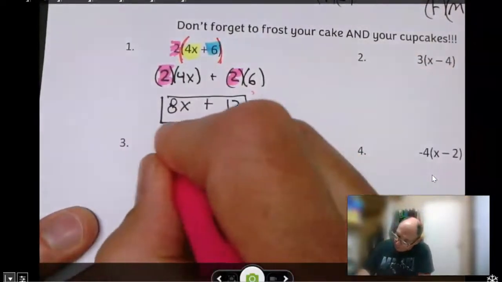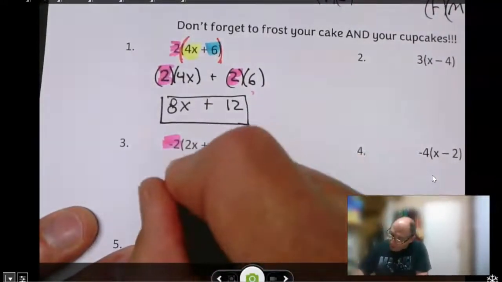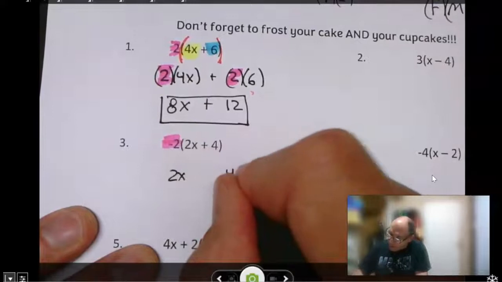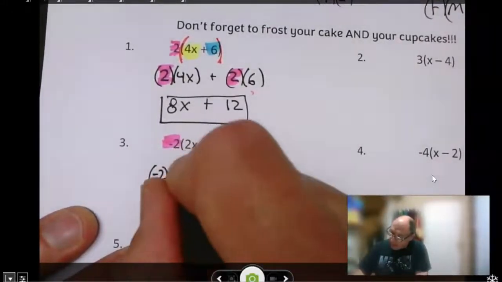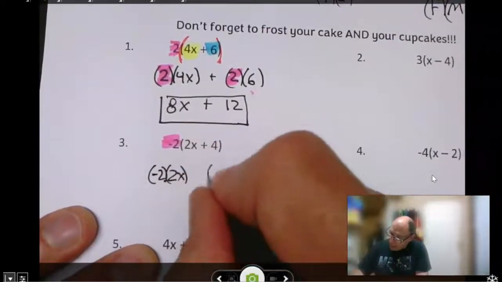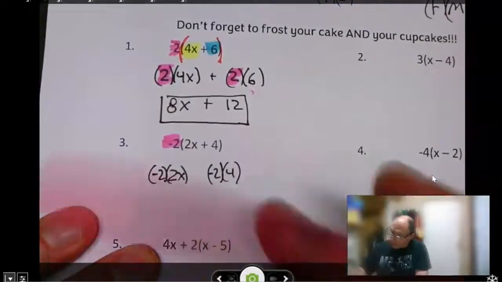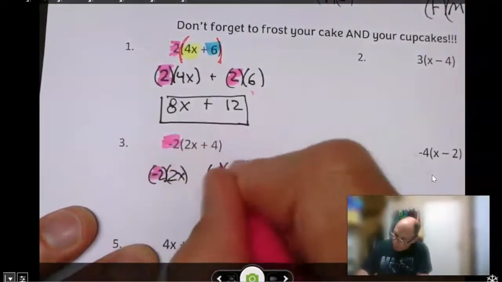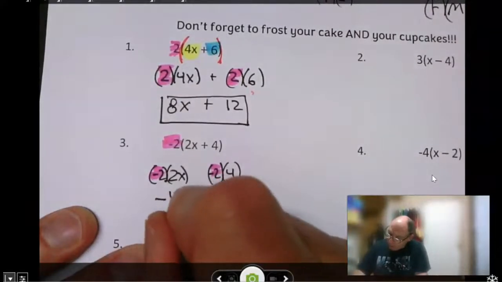Here's my frosting. And I got to get that frosting on the cake and the muffin. The frosting on the cake and on the muffin. It has to be both of them. And what we get, here's our frosting, what we get is negative 4x.